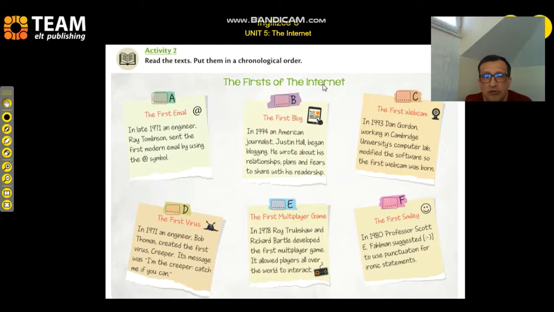Bir Amerikan gazetecisi olan Justin Hall ilk defa bir blog, yani fikirlerini yazdığı bir sayfa başlattı. He wrote about his relationships, ilişkilerini, planlarını, fears, korkularını, with his readership, yani okurlarıyla bu fikirlerini, ilişkilerini, planlarını, korkularını bu blog vasıtasıyla paylaştı.